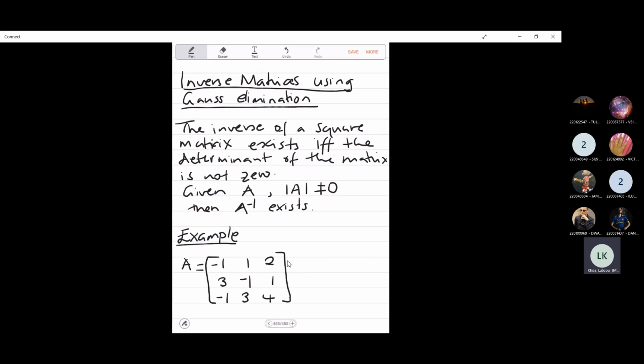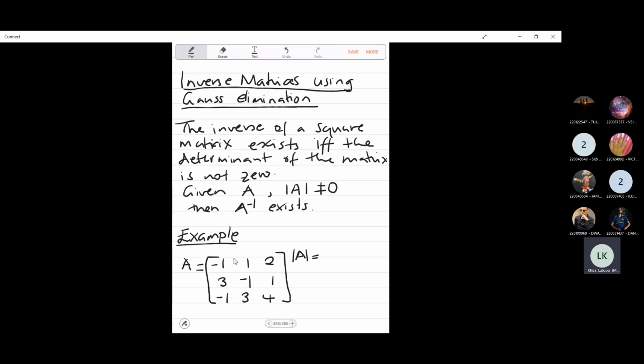The determinants you did last semester, or it was a self-study topic for you. With any matrix, to work out the determinant you pick a row or a column that you want to move along, and then you use that row to work out the determinant. So let's say I pick the first row.